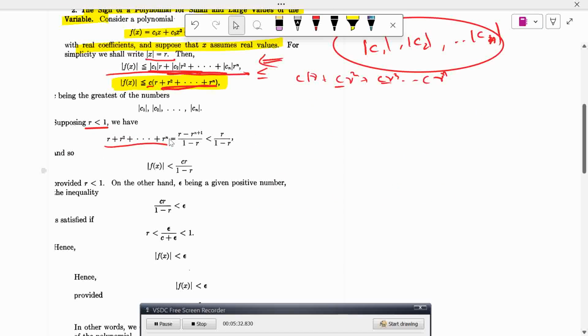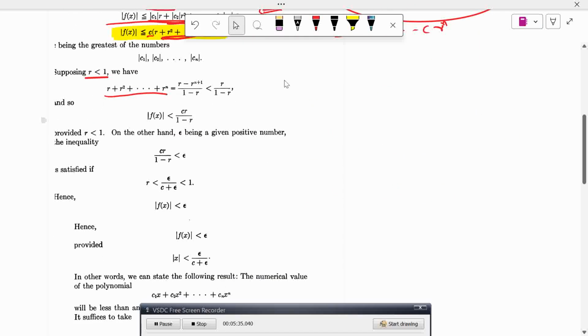And the sum of a geometric series, you know, a into, right? We will get this expression, and this is clearly less than this, right? We have r minus r^(n+1). What is that? If you take r outside, this is r into 1 minus r^n. This is the expression actually.